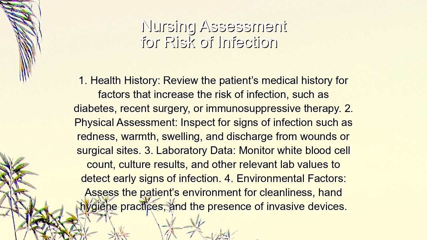Three, laboratory data: monitor white blood cell count, culture results, and other relevant lab values to detect early signs of infection. Four, environmental factors: assess the patient's environment for cleanliness, hand hygiene practices, and the presence of invasive devices.